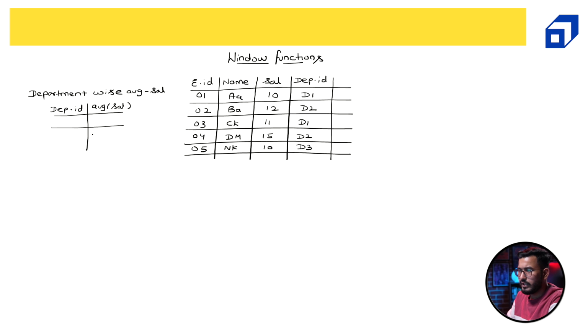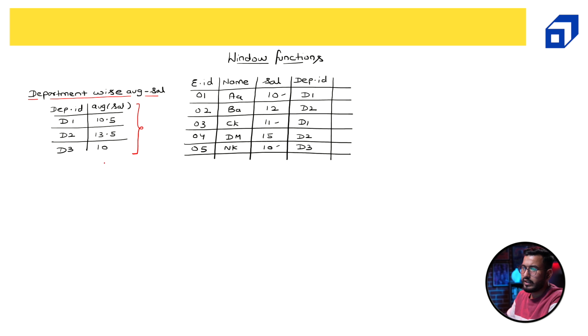And since we are having 3 departments, I will have 3 records over here, D1, D2 and D3, with D1 average being 10.5, because here I'm having one entry with 10 and 11, so 10 plus 11 divided by 2. Then D2 we have 12 and 15, so that is 13.5. 12 and 15 is 27, and D3 we only have one record, so 10. Now this is what I will get as an output when we try to find out the answer for this question. What is department wise average salary?